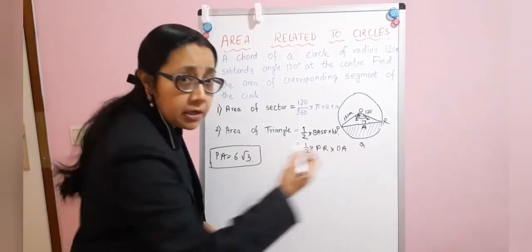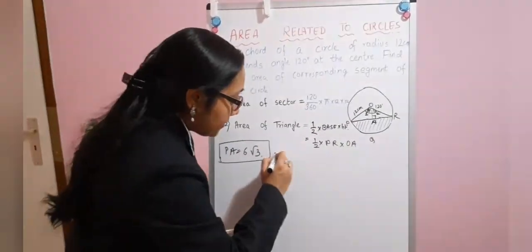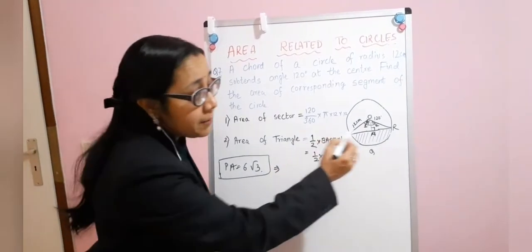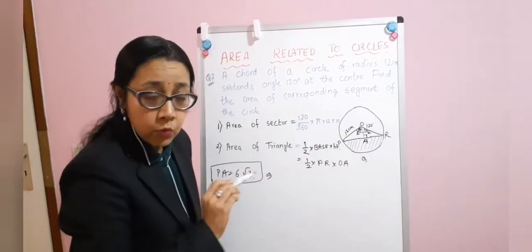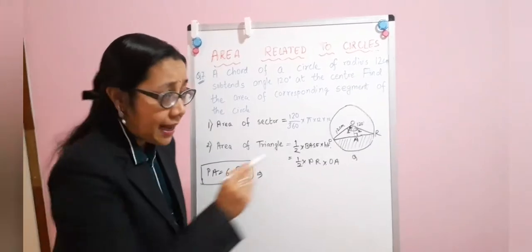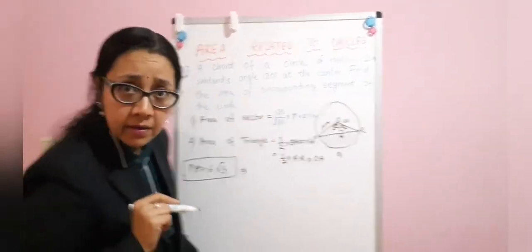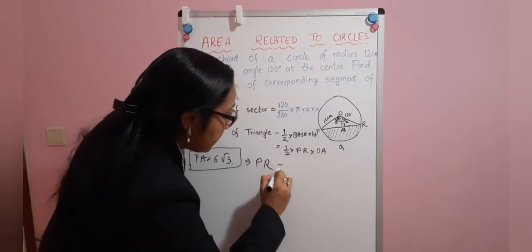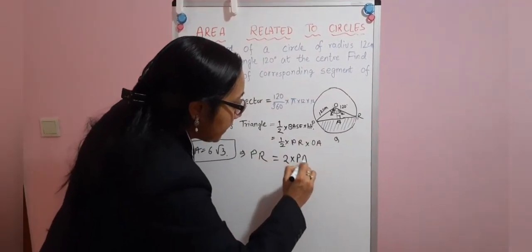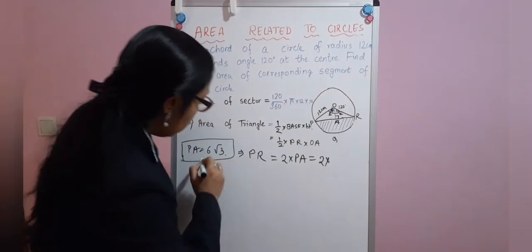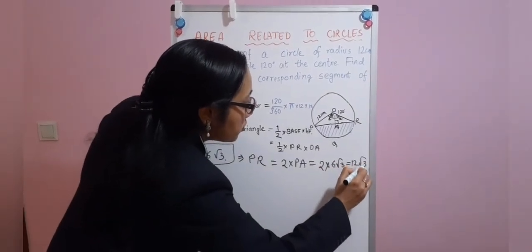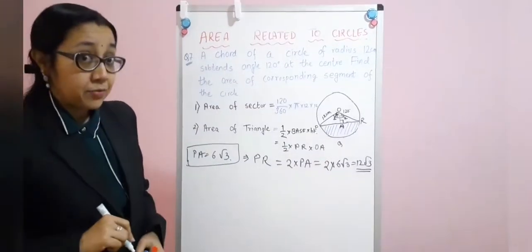But it is not the full base. So what will be the base? Because for finding out the area of the triangle, we need PR, which is twice of PA, as these two triangles are congruent, right? So we can say that PR will be equal to twice of PA, that is twice into 6 root 3 or 12 root 3. So we have calculated the base.